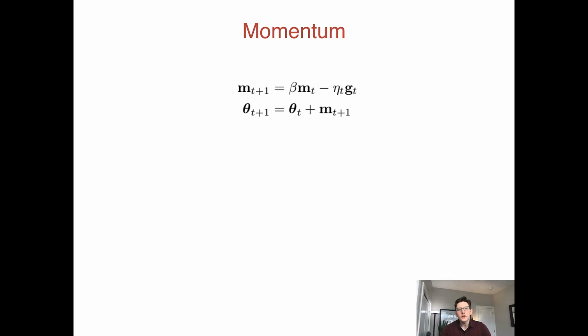Let's look at another alternative to using a constant step size, and that is the following. So here we're defining our update like this. Our new parameters equal our old parameters plus the following.